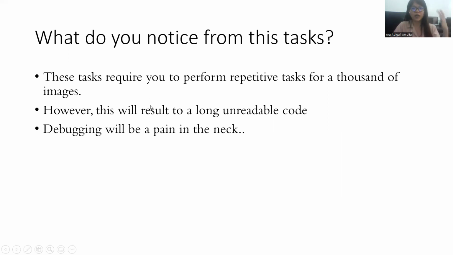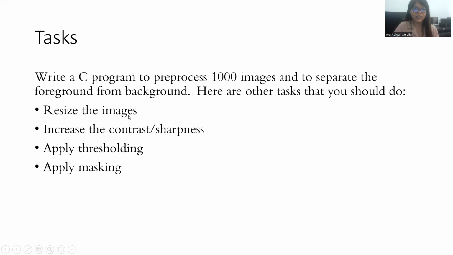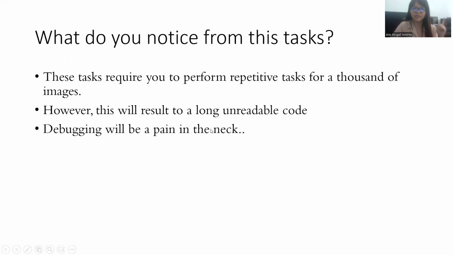So in one run, would you repeat those 3 lines of code for 1,000 images? Or increasing the contrast or sharpness, you cannot perform that in just 1 line. There are 2 or 3 lines to perform that task, right?